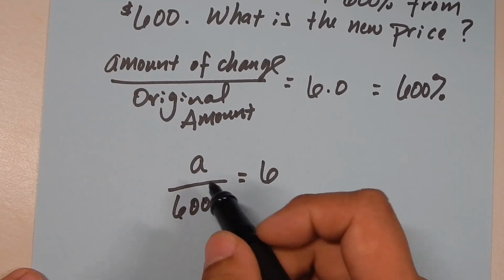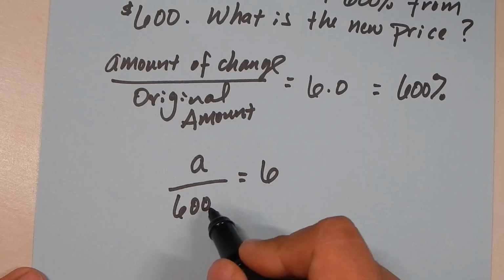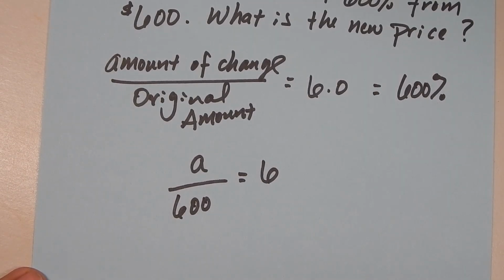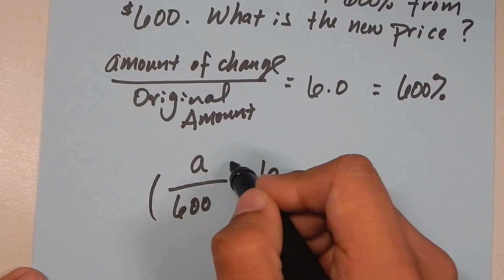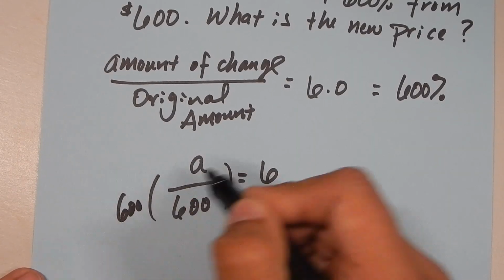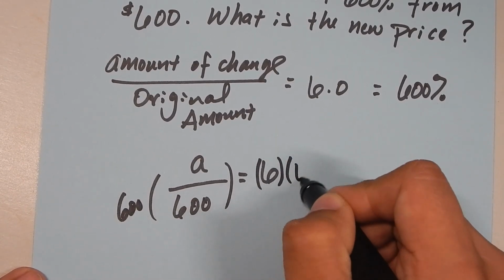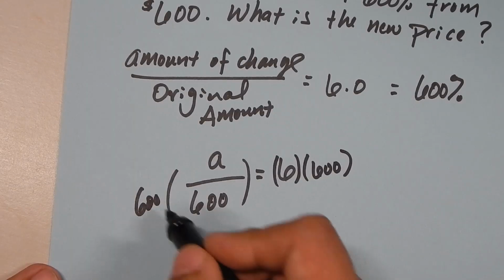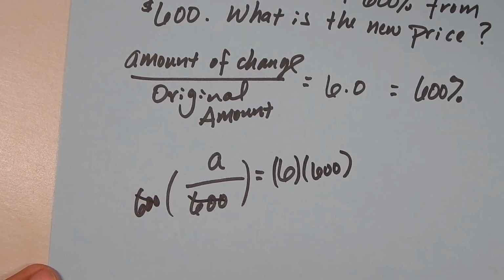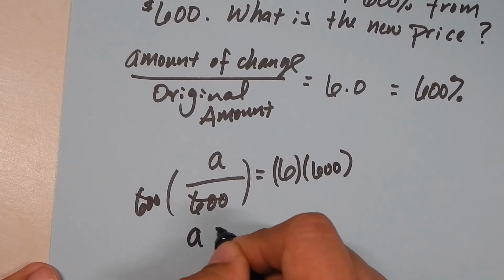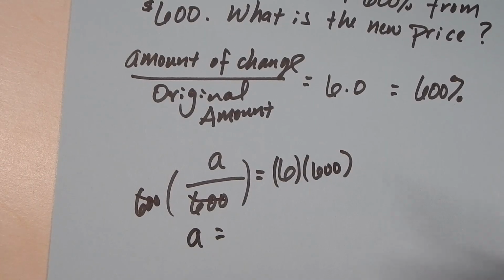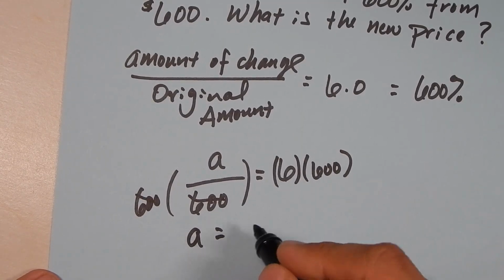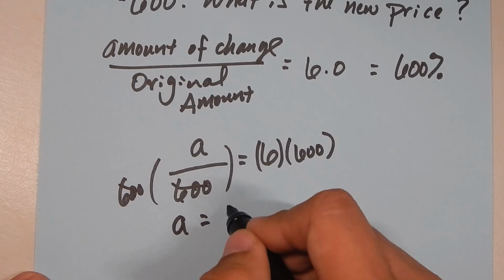We can solve that. In order to get A by itself, we're going to multiply both sides by 600. And that eliminates that from the denominator. So we have A is 6 times 6 is 36, zeros come along for the ride. So we have $3,600.